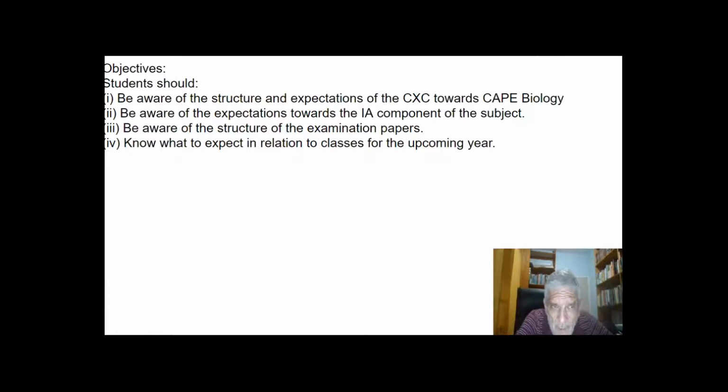For example, you have one written paper which has 3 questions, one from each module. You also have a multiple choice paper, and then you have an IA component, and the IA component is worth 20% of the total, and the other 2 papers are worth 40% each.